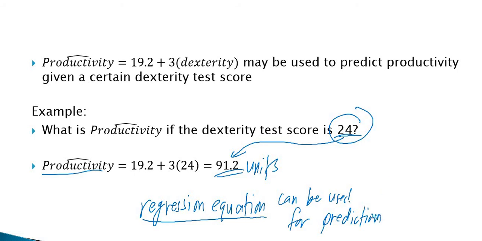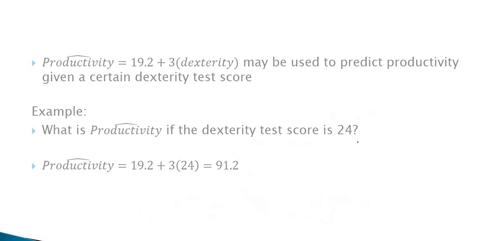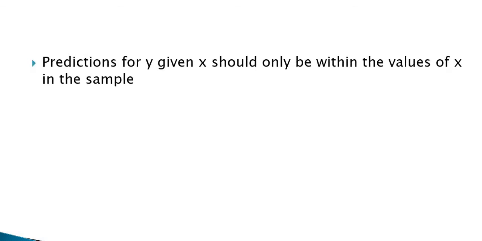So if this is the actual relationship of our variables, then we can try to guess what will be the other variable based on our given independent variable. However, do take note that prediction for y given x should only be within the values of x in the sample, which would mean the prediction only works on that given sample.